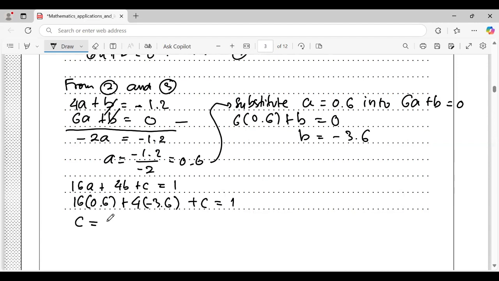If you continue to calculate, it becomes 1 minus 9.6 plus 14.4, and the result is 5.8.